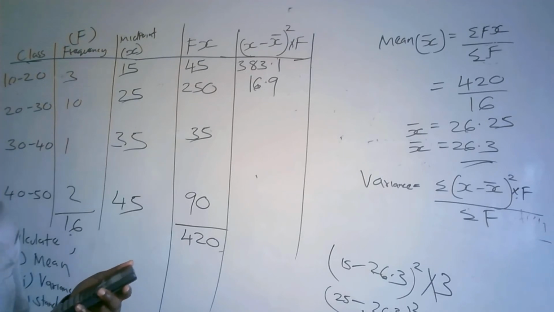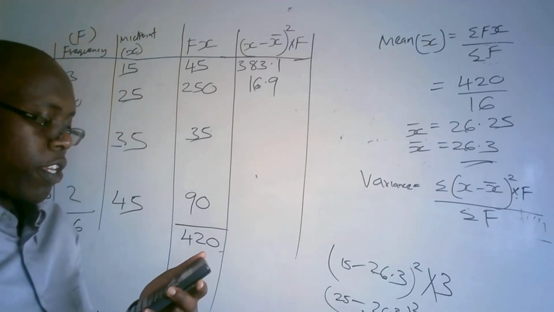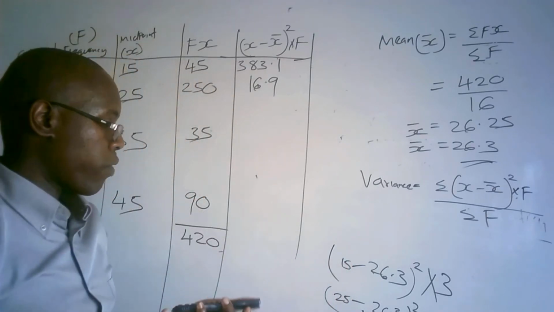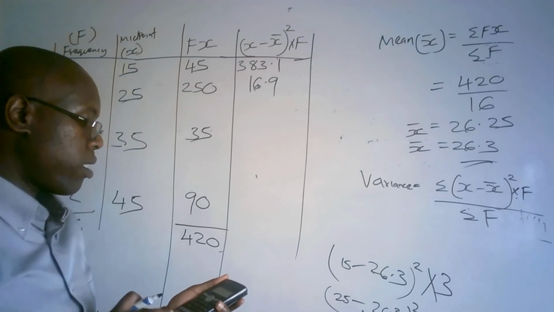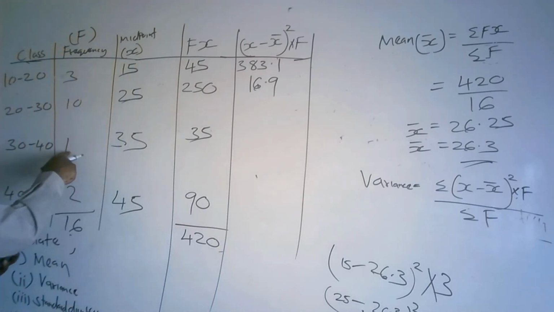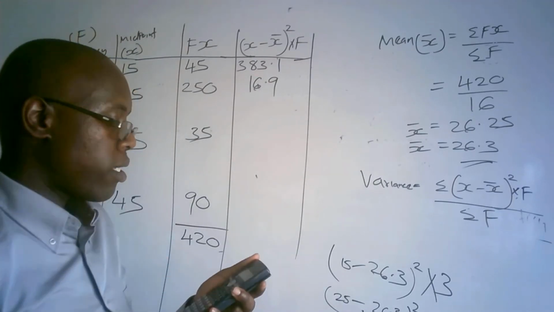The answer is going to be 8.7. I square that answer, I'm going to have 75.69, and then multiplied by the frequency there, which is 1 in this case. And at the end of the day it will remain the same answer, which is 75.7.